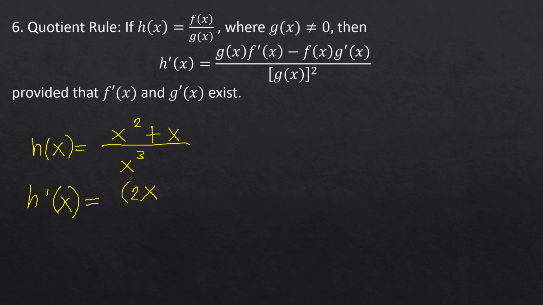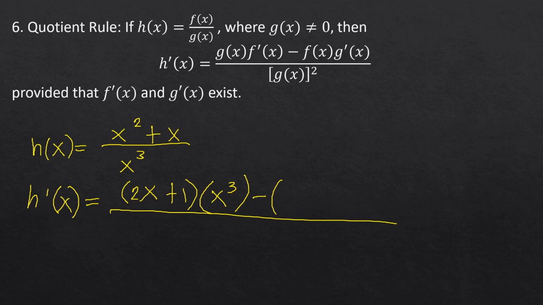So derivative of x squared is 2x and derivative of x is 1. So 2x plus 1 times the denominator x cubed minus the derivative of the denominator x cubed, and that is 3x squared using the power rule. Multiply that to the numerator x squared plus x, and take note the operation is subtraction.